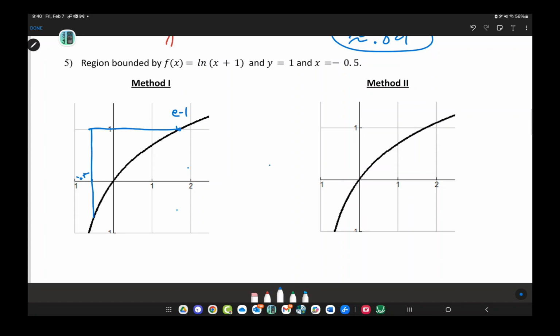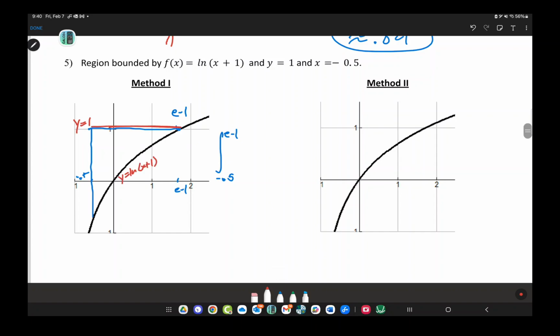That's my x, so those are my bounds from negative 0.5 to e minus 1. In this case, y equals 1 is the greater function everywhere, compared to y equals the natural log of x plus 1.